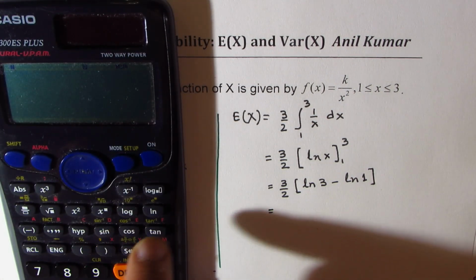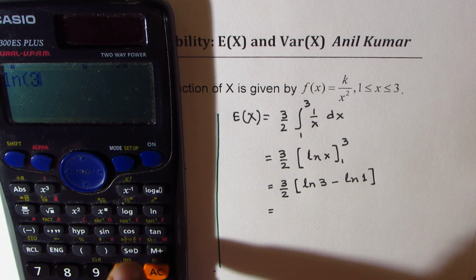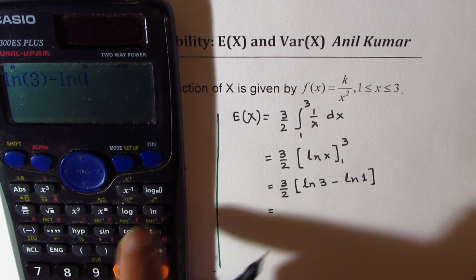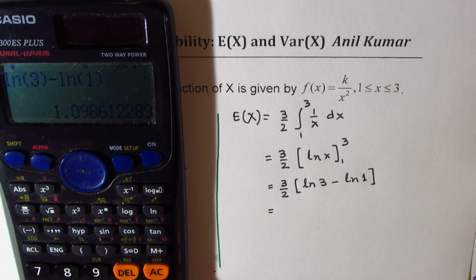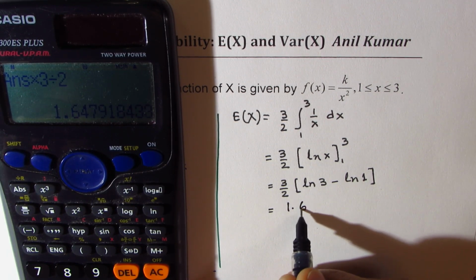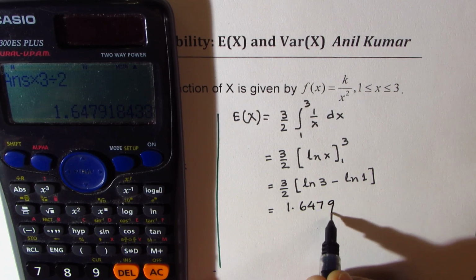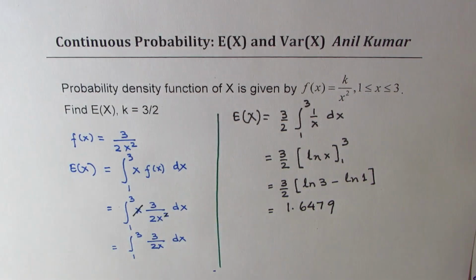So we have ln 3 minus ln 1, which you know is 0. So basically ln 3. We'll multiply this by 3 and divide by 2. The answer is 1.6479. So that is the expectation, right?